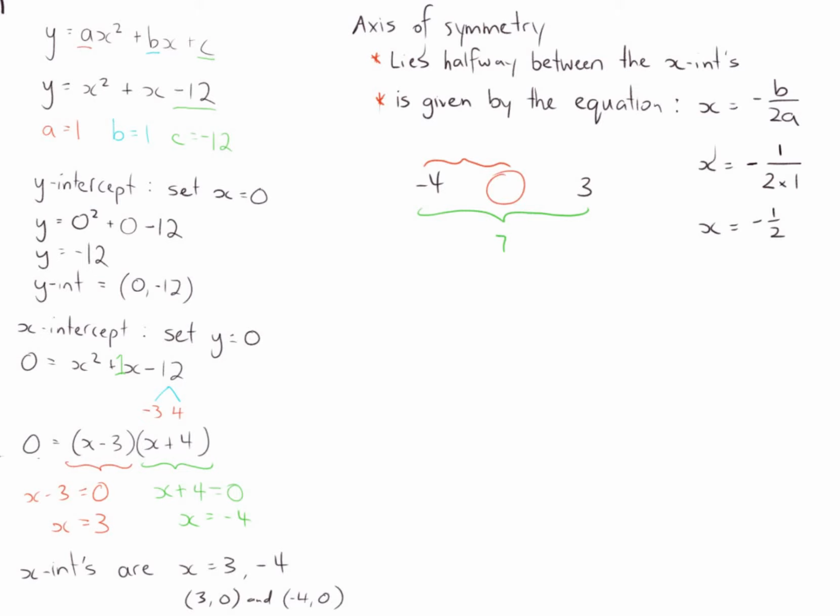Our middle point there will be at negative 1/2, 3.5 units in from either side. But using the equation x equals minus b on 2a is a pretty good way to find the axis of symmetry as well.